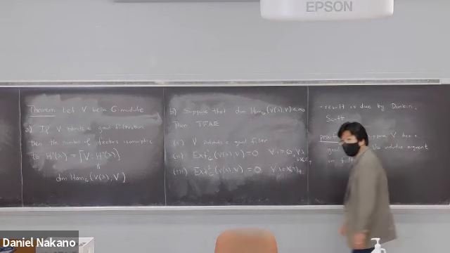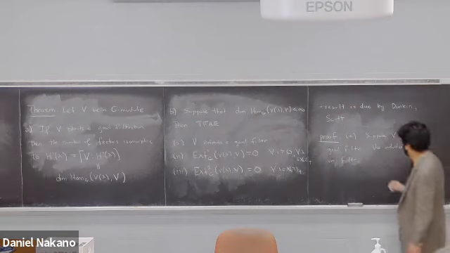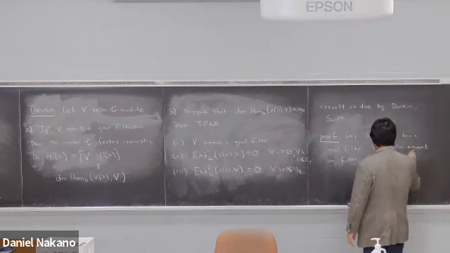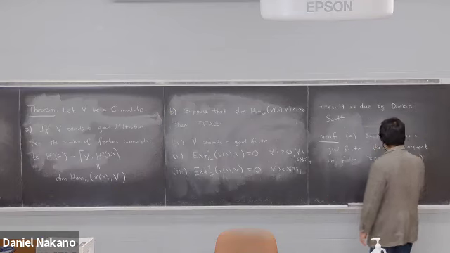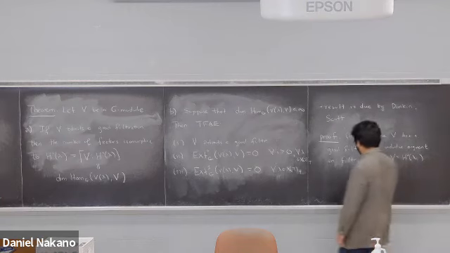For example, let's say V is just a single H0, so suppose V is equal to H0 lambda 1. Clearly, what do we know?